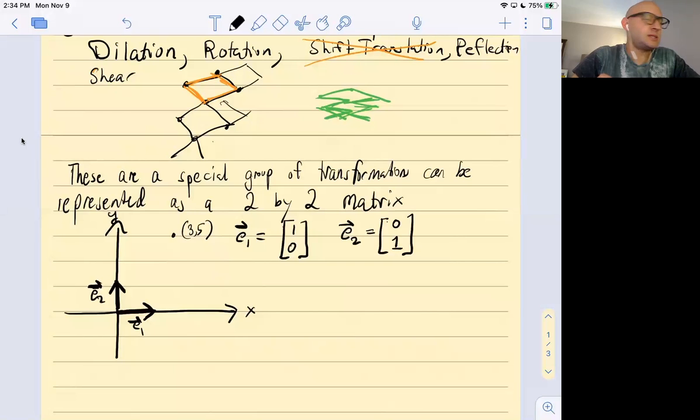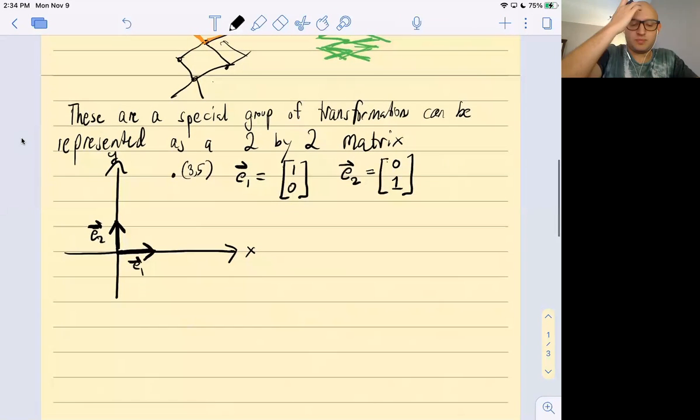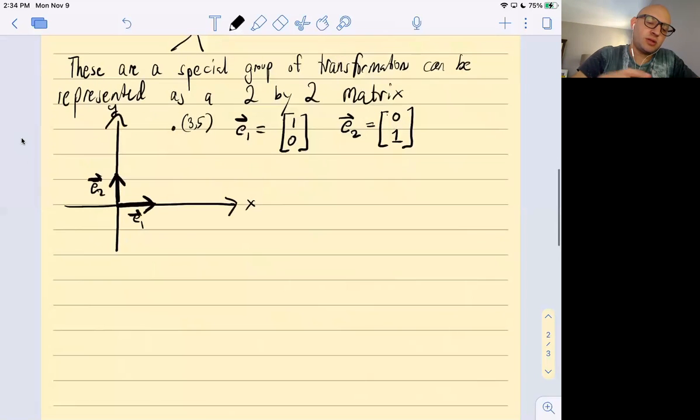So let's think about what a matrix does to points, or what a matrix does to E1 and E2. Let's explore a little bit: what is the matrix 3, 0, 0, 3?